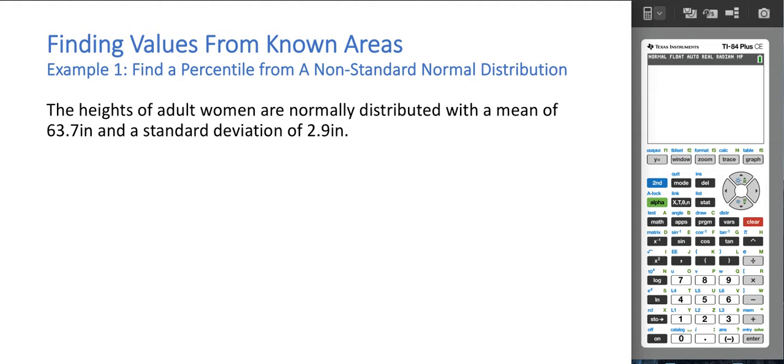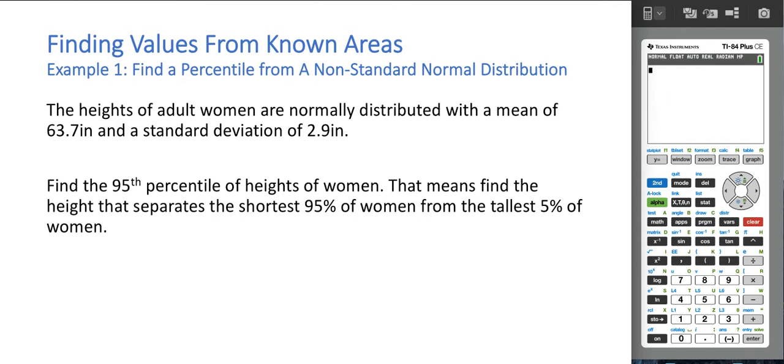The heights of adult women are normally distributed with a mean of 63.7 inches and a standard deviation of 2.9 inches. Find the 95th percentile of heights of women. That means that you want to find the height that separates the shortest 95% of the women from the tallest 5% of the women. A picture will help with that.